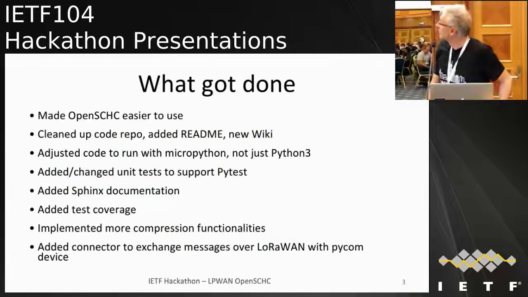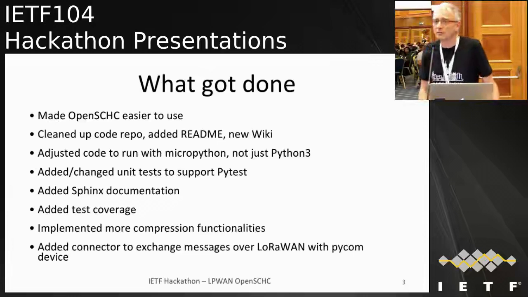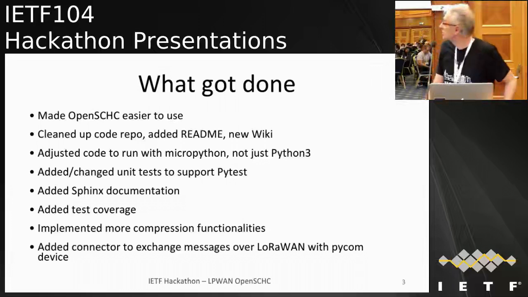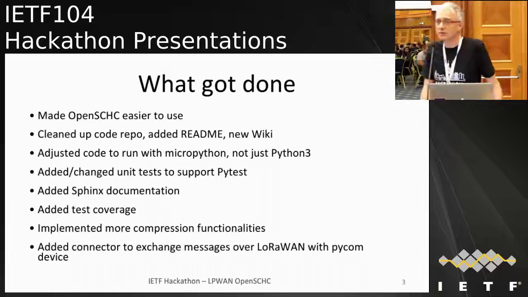So what got done is first we made the project more usable to newcomers by improving documentation, basic stuff, adding a README, cleaning up the repo, there was dead code, adding a new wiki for more detailed explanations.